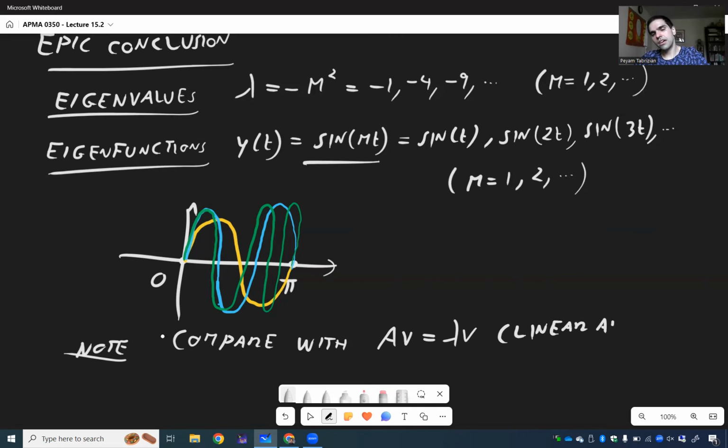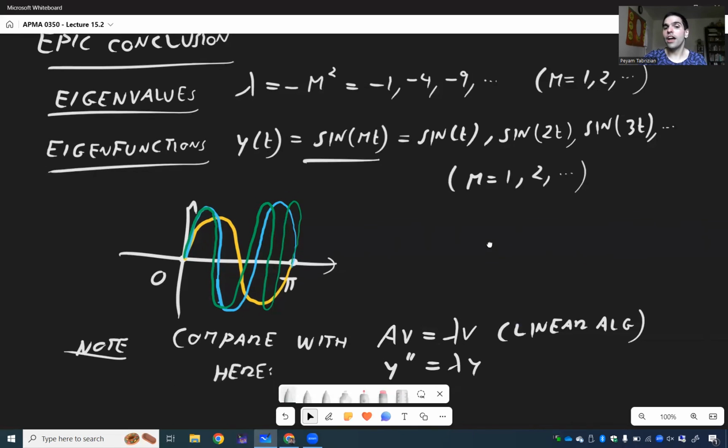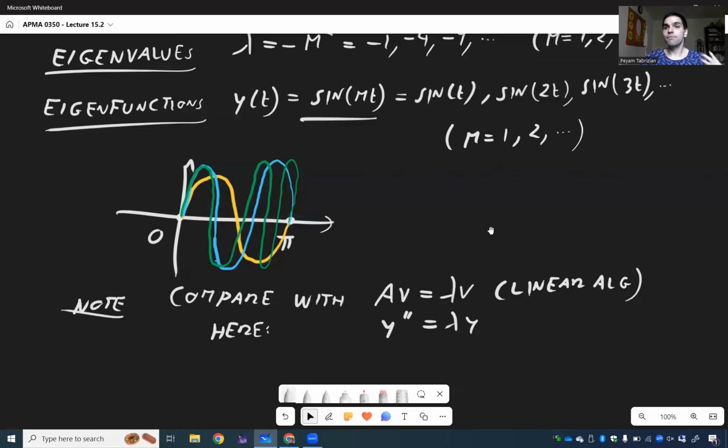Here we have the same thing. If you notice, we have y double prime equals lambda y. So still some function of y equals a multiple of itself. And this in linear algebra is called an eigenvalue problem. Now, in the next video, we'll do this again, but you'll see really how similar it is to this example.